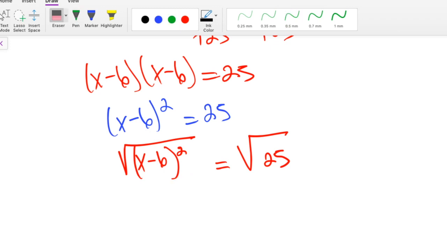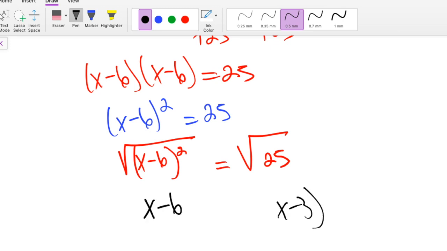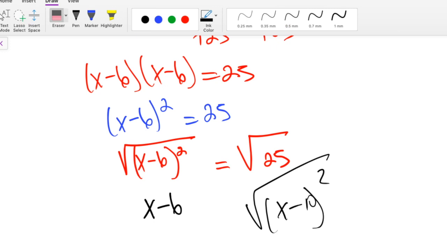So this is going to turn into simply just an x minus 6. This would be the case if you have x minus 3 squared under the radical. We could replace that 3 with a 7, 100, a million, a 10, whatever. That's going to be the case.